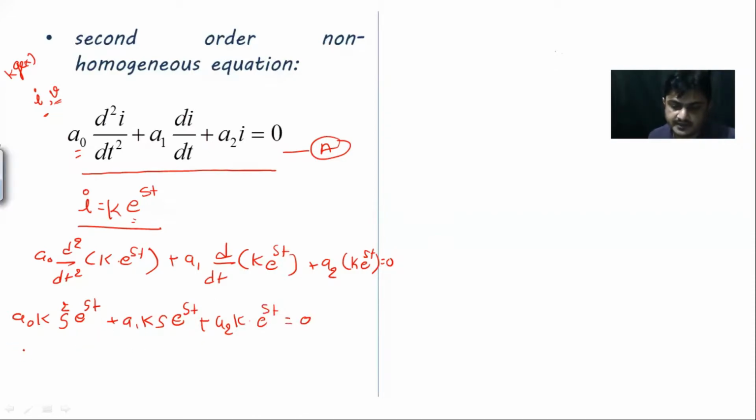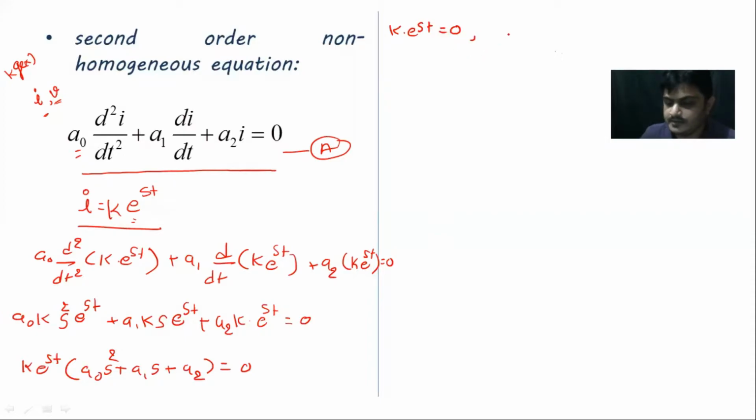So now let me take k into e raised to st out of the bracket. So what will I get? a0 into s square plus a1 into s plus a2, that is equal to 0. Now I have two possibilities. The possibility is that either k into e raised to st could be equal to 0, or it may be possible that a0 s square plus a1 s plus a2 is equal to 0.